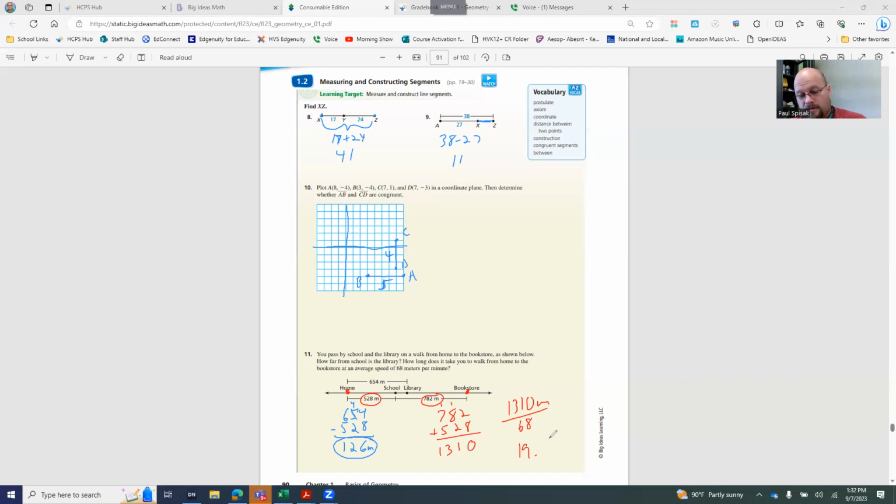So we had 1,310 divided by 68. Yeah, that's right, 19.26. And that's minutes. So that was 1.2. Let's move on to the next section.